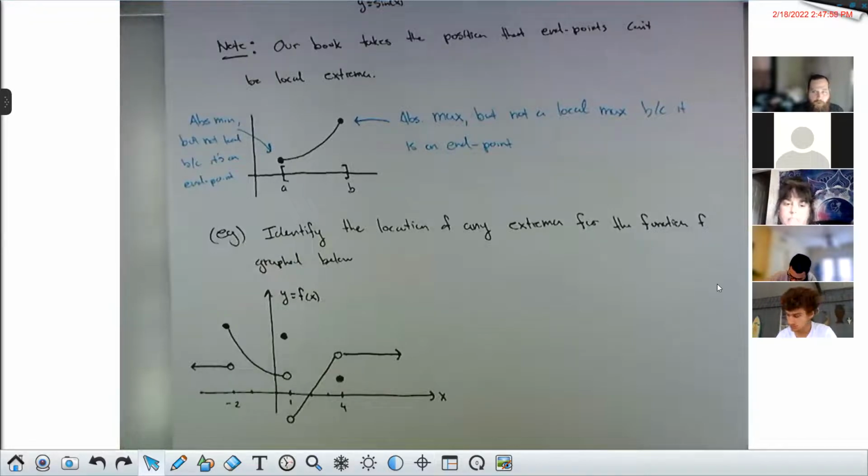When I say we need to be very careful about open and closed points, this is an example of a function where you want to think quite carefully about which is the point on the graph at any of these x values where something interesting is happening. Now, outside of those kind of points where things are being glued together, there are no local or absolute extrema because the function is constant or monotone, always increasing or always decreasing.